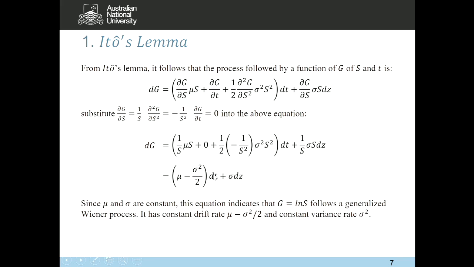Now, what does this end result tell us? It tells us the function G, remember, the function G is the process of the log of the share price, follows a generalized Wiener process. It has a constant drift of mu minus sigma squared over 2, and it has a constant variance rate of sigma squared.